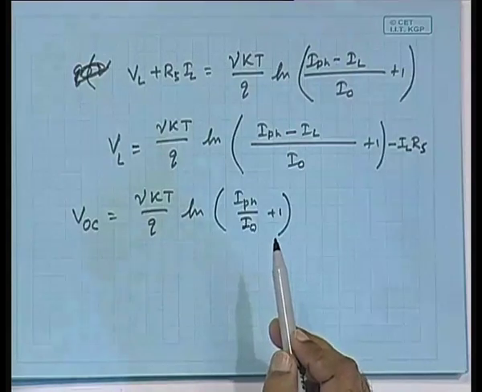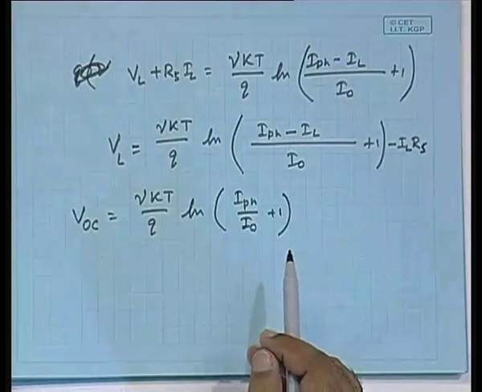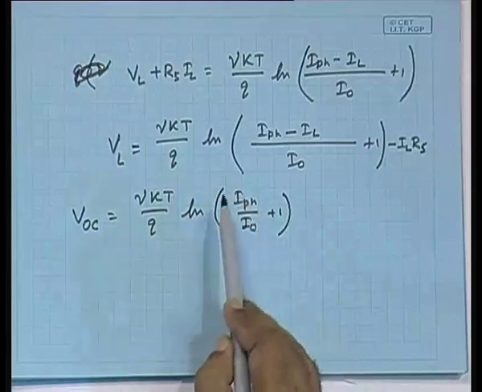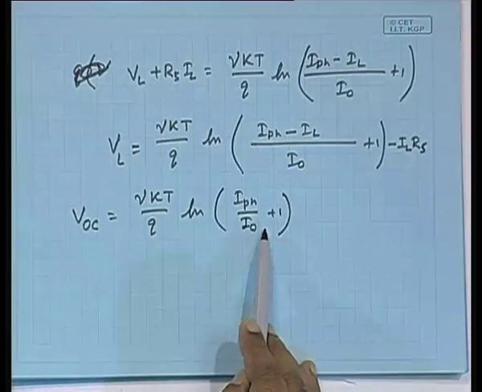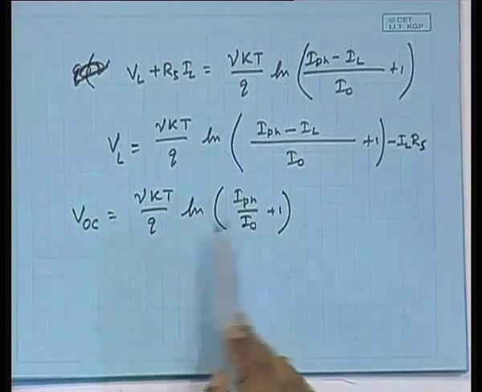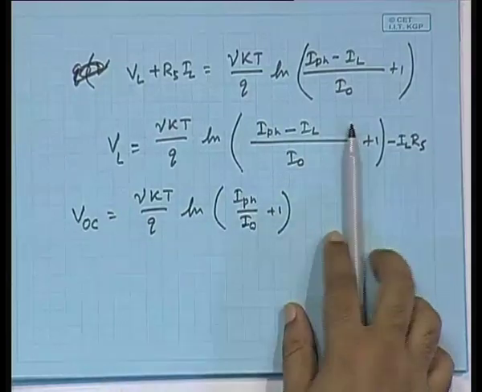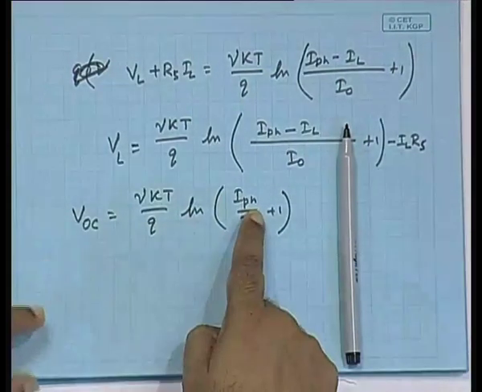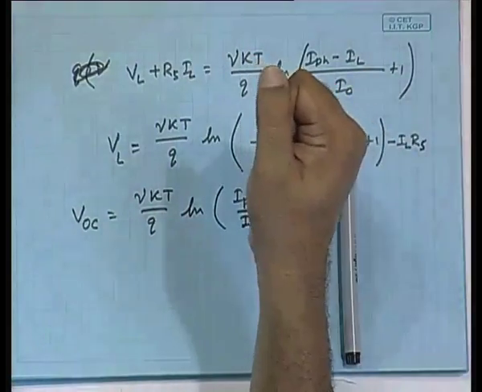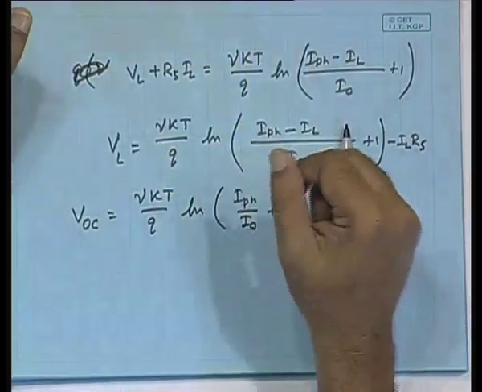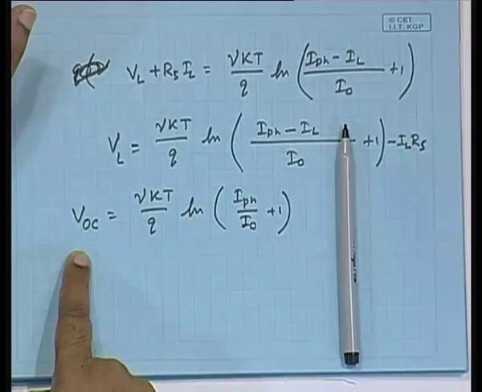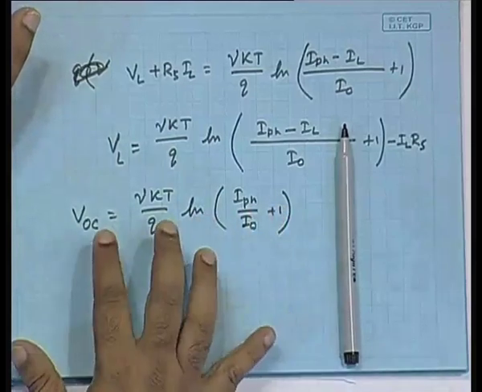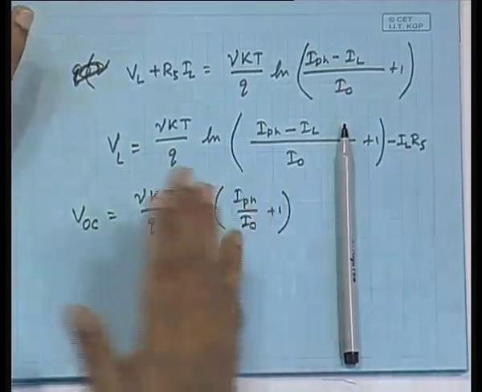There may be cloudy sky, there may be open sky, there may be slanted radiation coming. So I P H is variable, but you would notice that the open circuit voltage is logarithmically dependent on the I P H. As a result, even though the photocurrent may become half because there came a cloud, the open circuit voltage will not reduce as much. That immediately gives that conclusion.